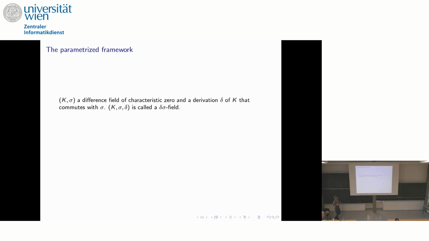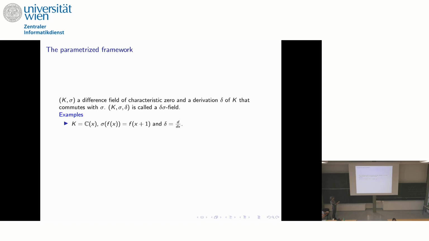So now what does this parameterized Galois theory do? We need to find a derivation, and a suitable one. So I start with a difference field of characteristic 0 and a derivation of k that commutes with sigma. Such a triplet of operator and a field will be called delta-sigma fields.